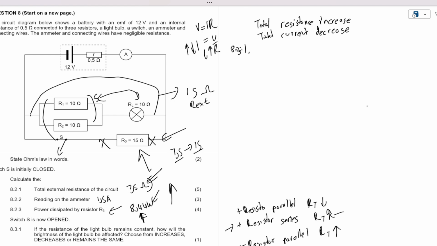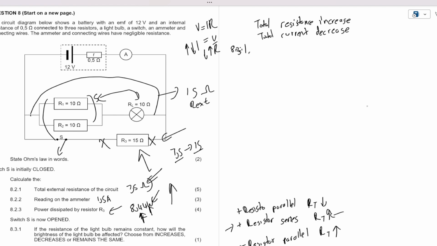So now let's see how this affects everything. One thing that you have to note now is that the brightness of a bulb depends on the power. If you calculate the power to be higher than the power that you found initially, it means that the bulb is brighter.